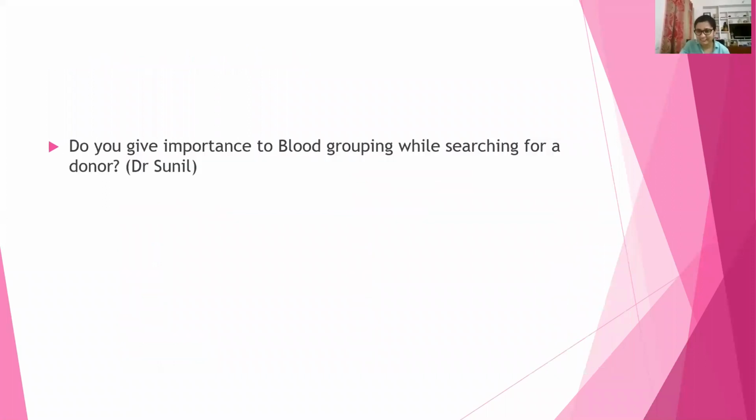Yes, sir. Okay. So, Sunil sir, do you give importance to blood grouping while searching for a donor? First of all, I want to mention one thing on CMV. We know that a CMV negative patient with a CMV negative donor is probably an ideal situation.